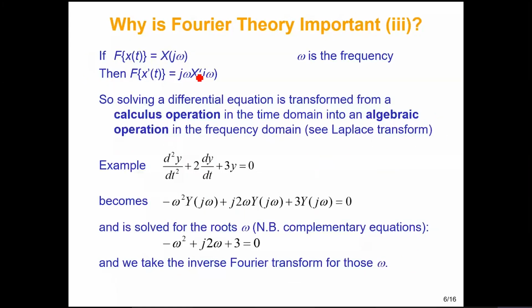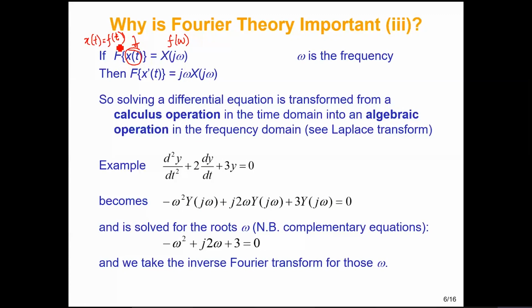Now, once we take the Fourier transform of any time domain signal, let's say x of t, what we end up getting is this: initially we had a function of time, because x of t was a time domain signal. Once we took the Fourier transform of that, we ended up getting X of j omega, which is a function of omega. So the independent variable got changed, and that's a transformation.